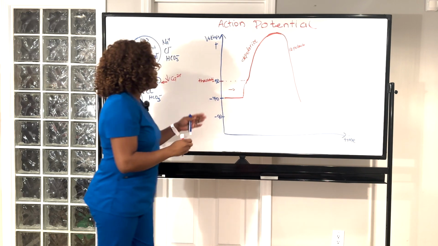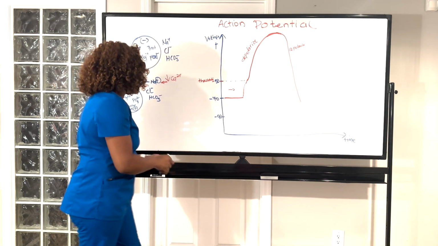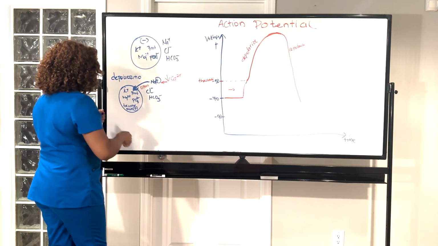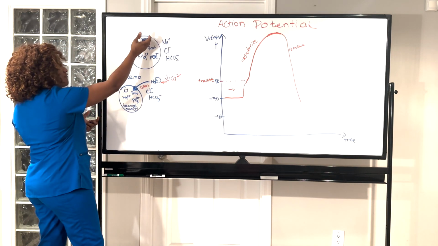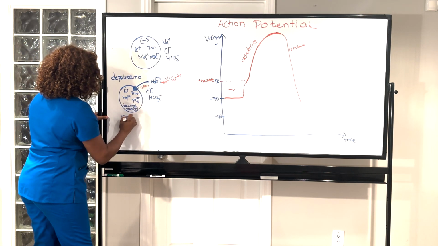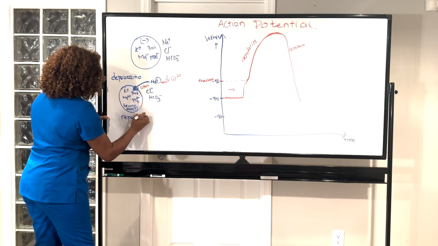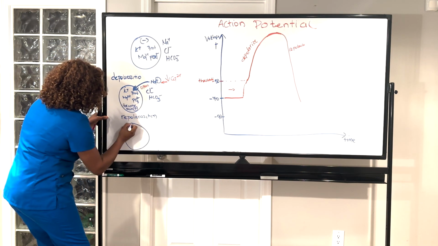So the cell is going to try to come back to its resting state. And in order to repolarize, it's going to try to equilibrate the charge so we have more negative inside the cell.